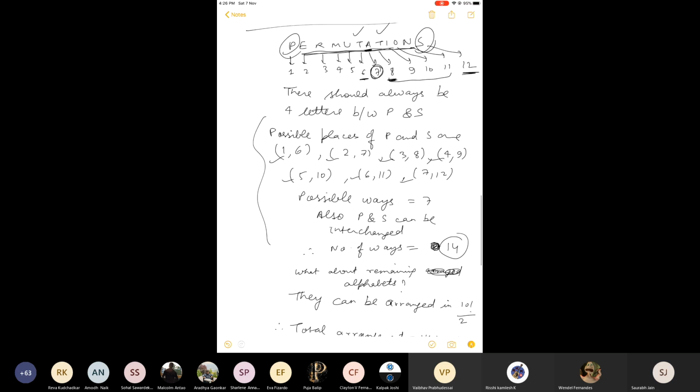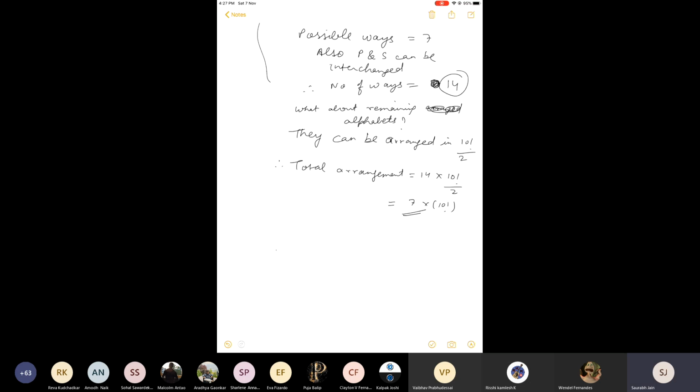Let's see how. Suppose you have P and you have this S. Let us say you're writing ERMU here. How many of these are there? 4. And you have written 6 alphabets. How many of them are remaining? 6 more are remaining.